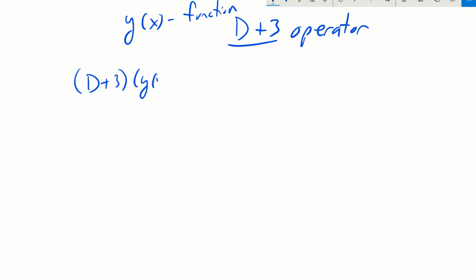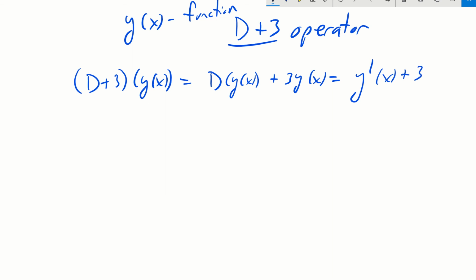I'll explicitly show the dependence on x here. What this would do is it's kind of distributive. This would be the derivative of y plus 3 times y of x. And so essentially what we would get is y prime of x plus 3 y of x.